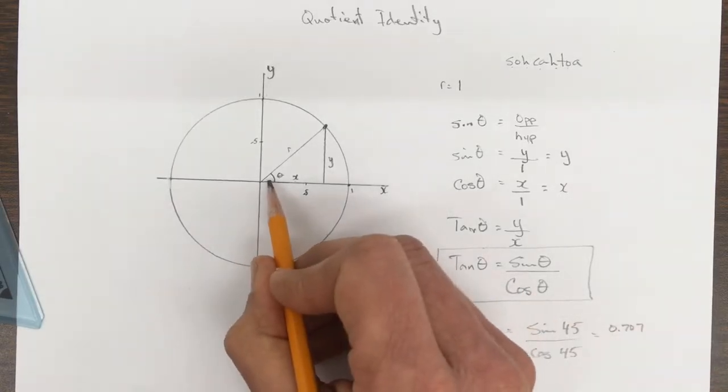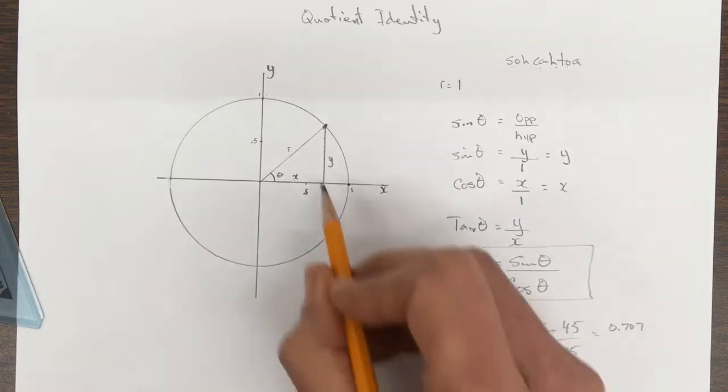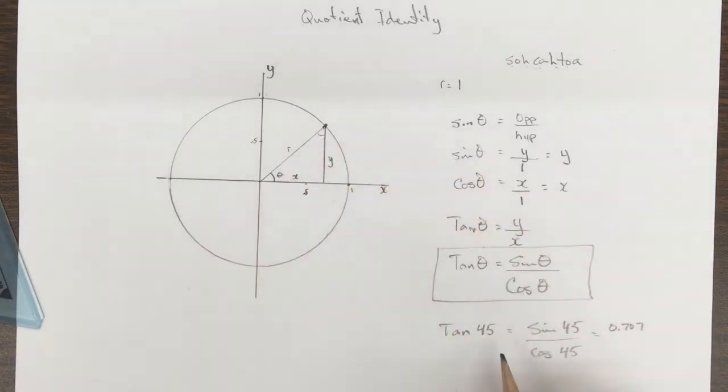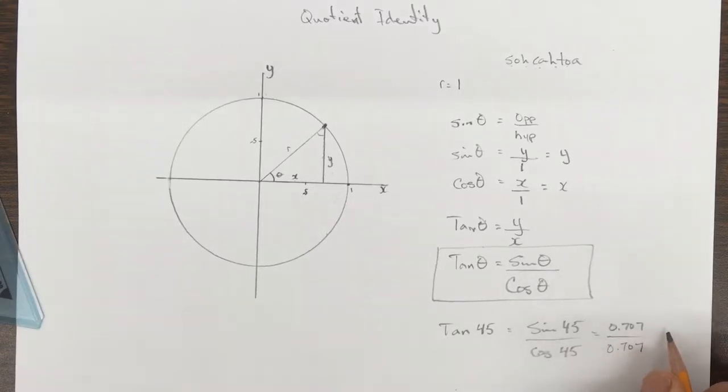You know that when this is at a 45-degree angle, the other angle is also 45. So that means these two sides are the same length. So we've got 0.707 here. And that means that tan of 45 is equal to 1.